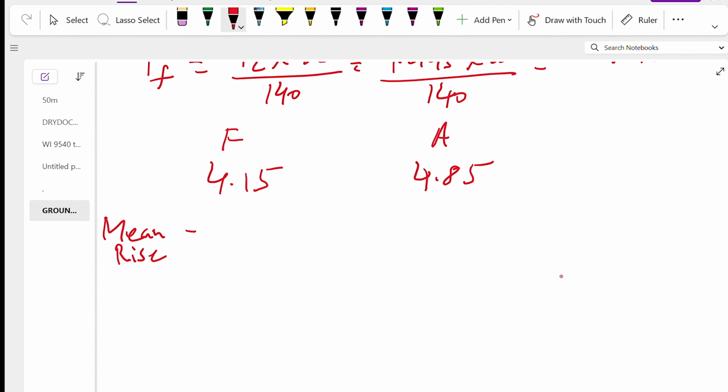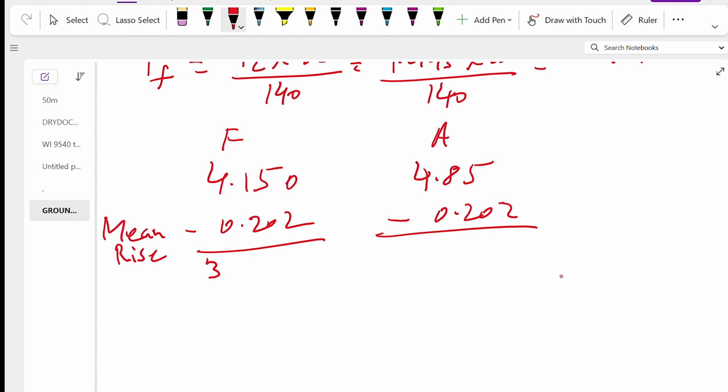Means you have to subtract everywhere 0.202, 0.202, and we get 3.948. And here it's 4.85 minus 0.202.